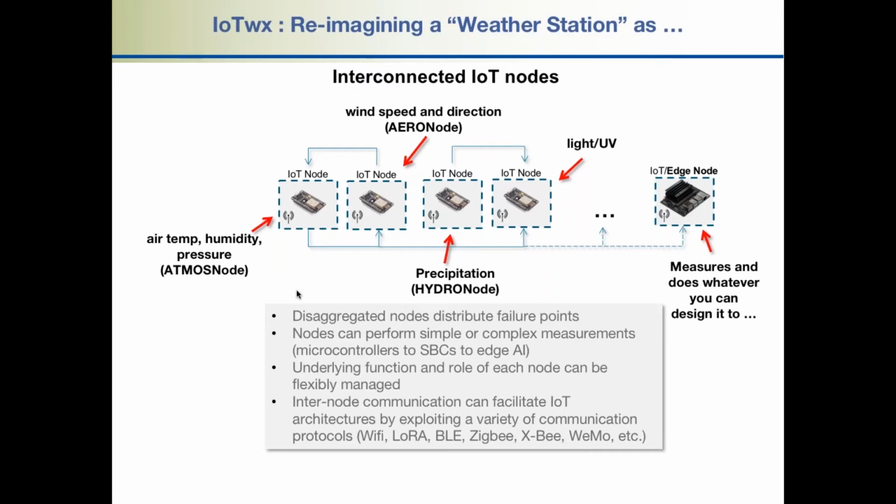You could have a camera, for example, on a node, and that camera could look at clouds or look at surface conditions, and run AI to help do decision support things in the field. So each node can have a flexible purpose depending on the way you would like to use the system in the field.